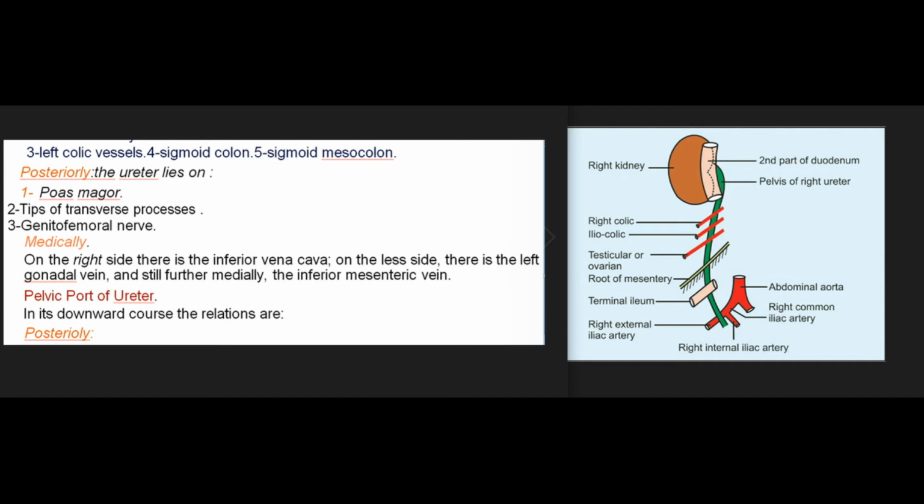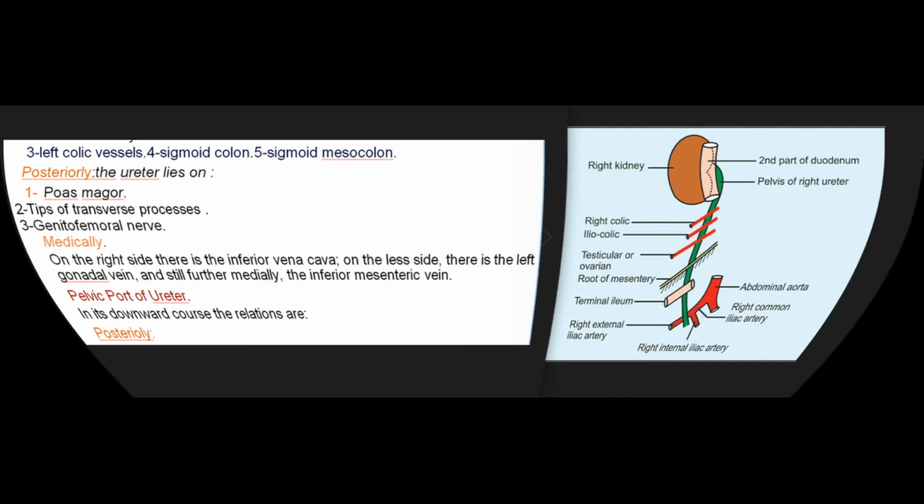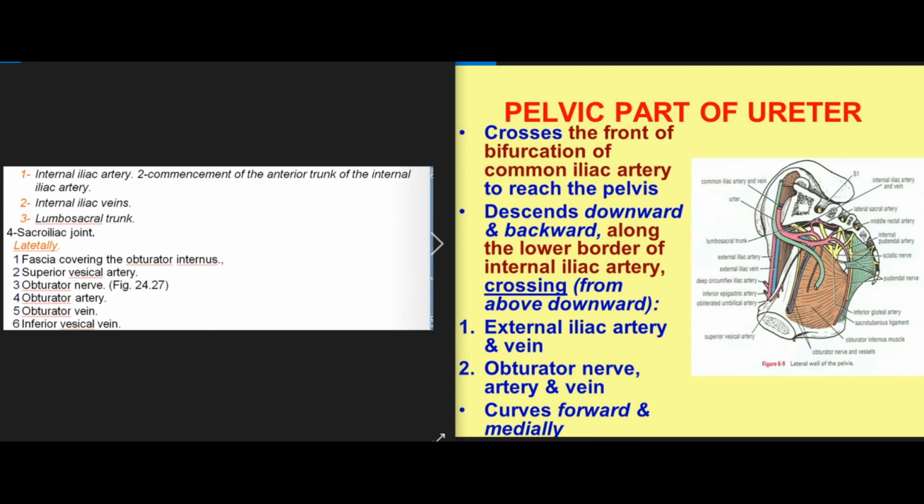Pelvic part of ureter. In its downward course the relations are, posteriorly: 1. Internal iliac artery, 2. Commencement of the anterior trunk of the internal iliac artery, 2. Internal iliac veins, 3. Lumbosacral trunk, 4. Sacroiliac joint. Laterally: 1.